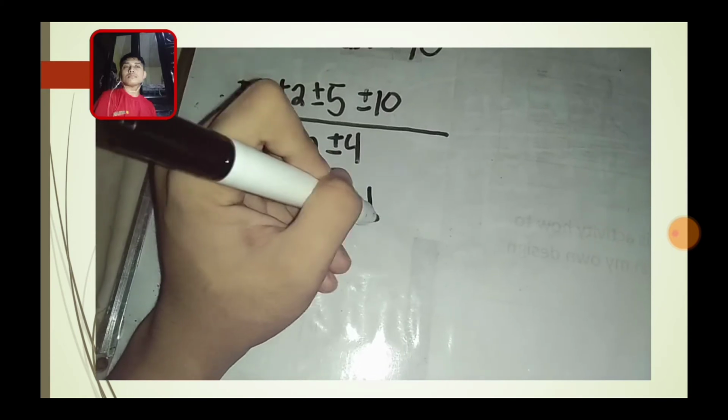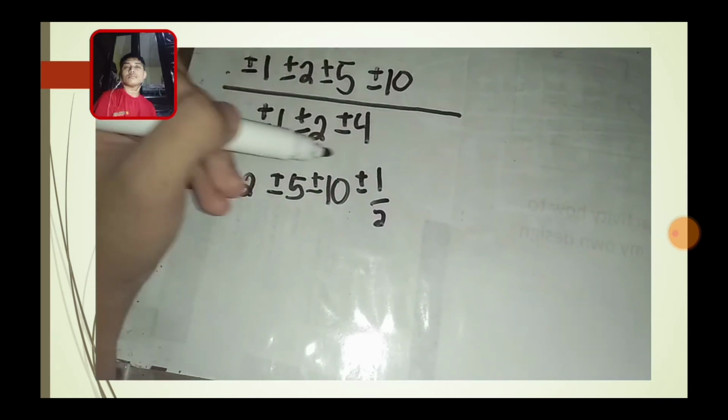So, next, we proceed here. We have positive negative 1 half. Next, positive negative 1.